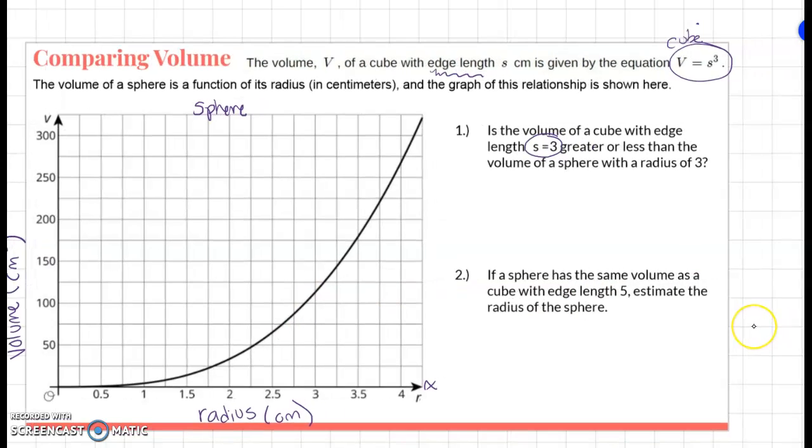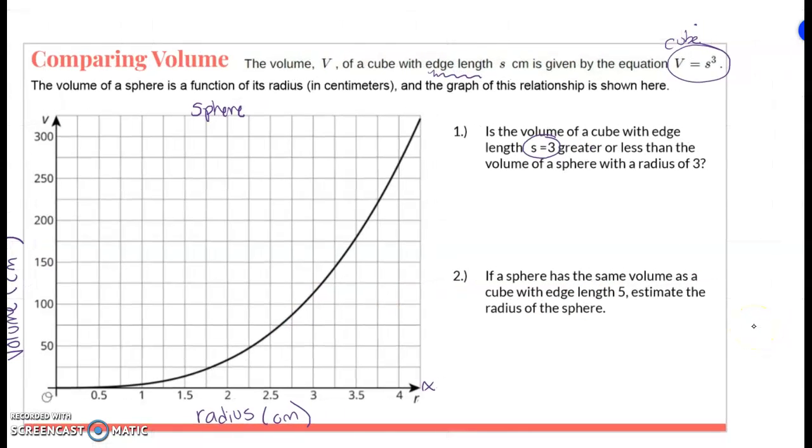So what we're going to do over here is we're going to have Q, which is our volume, or our formula here. And this is an S. V equals S to the power of 3. We know that this S is actually 3, so we're going to plug it in. So now I have 3 cubed.